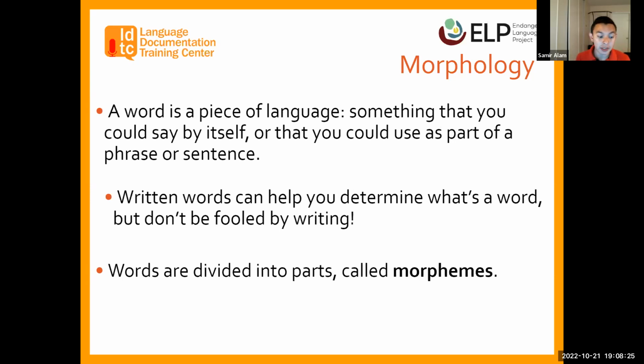A more effective way to think about what a word is, is to look at the parts of a word. Words are divided into parts called morphemes. Some words can be one morpheme and some words can be made up of other morphemes.